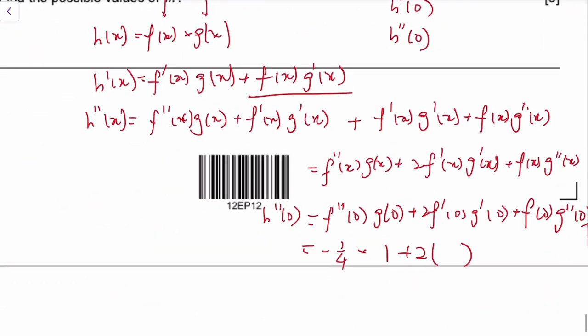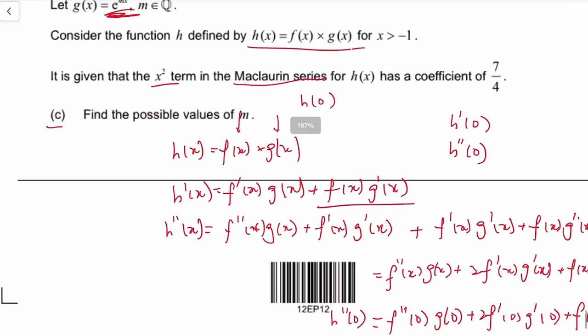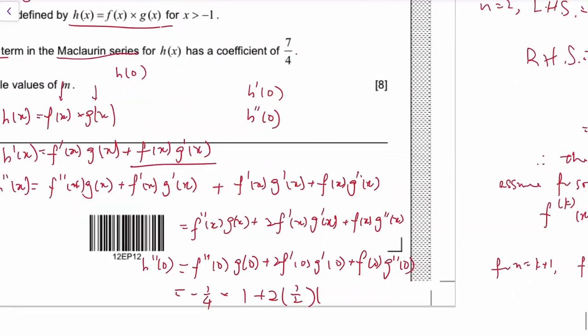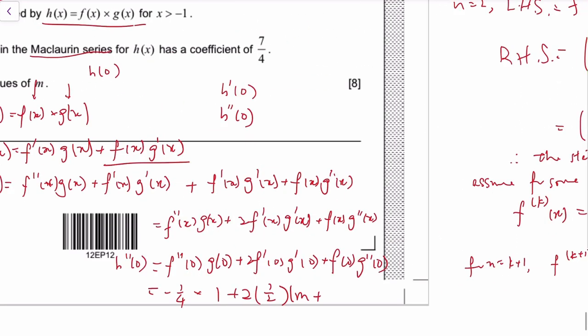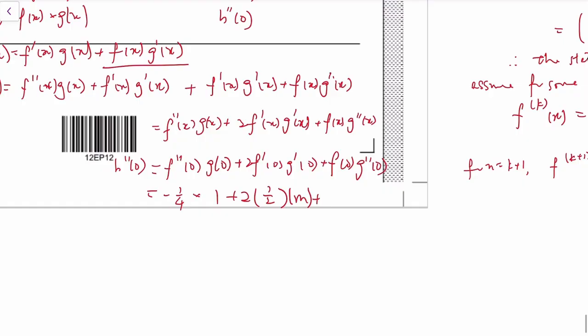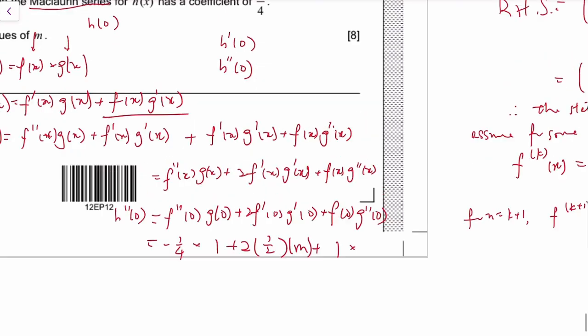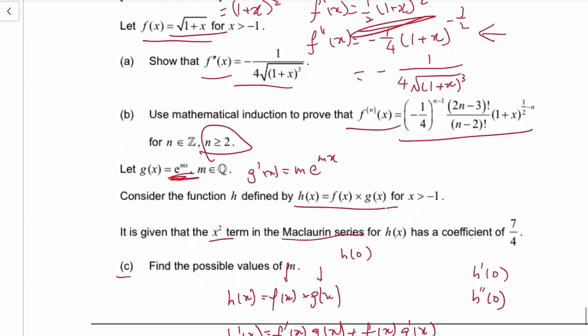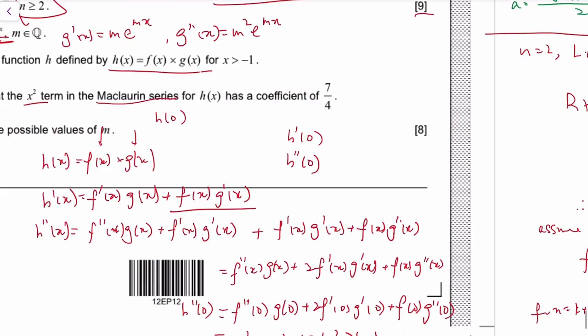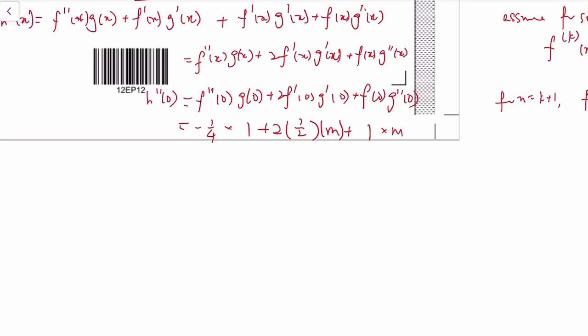Half. g prime 0. g prime is obviously m e to the mx, so if x is 0, you got m. Plus f(0). What's f(0)? Here, root 1 is 1. g prime prime 0, g prime prime x is m squared e to the mx, so it's m squared if x is 0. So it's negative a fourth plus m squared.